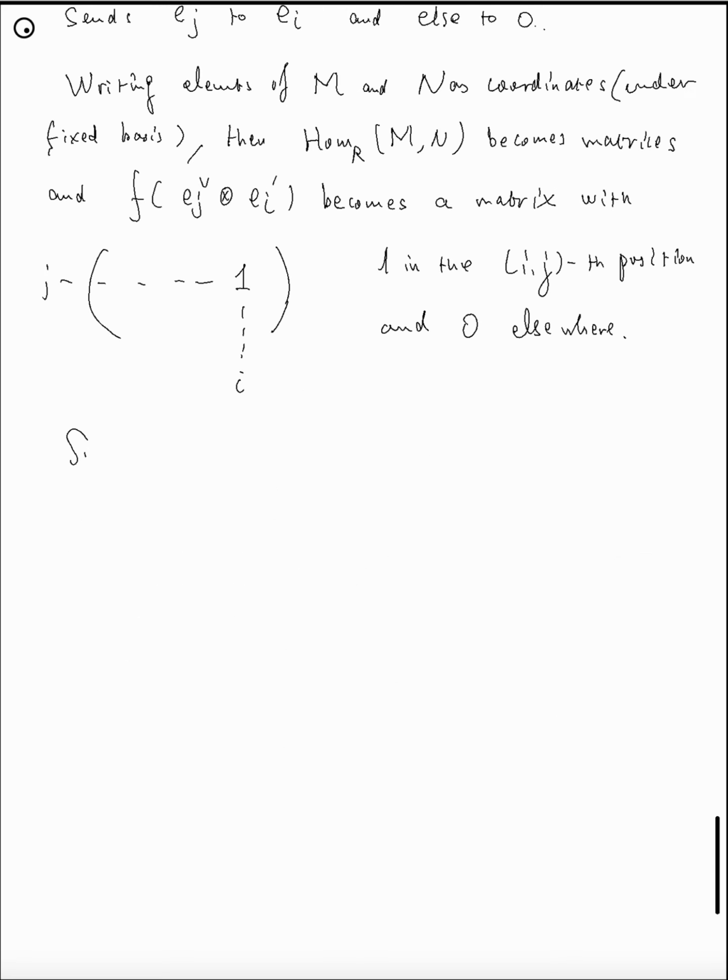Obviously, such matrices, with i and j choosing arbitrarily or running over all possible choices, form a basis for all matrices.